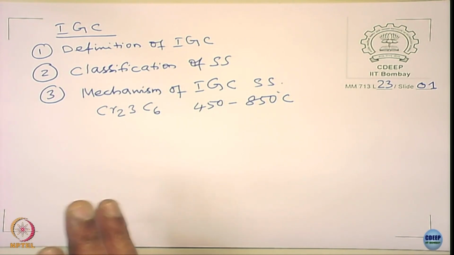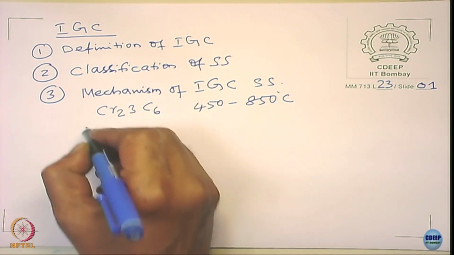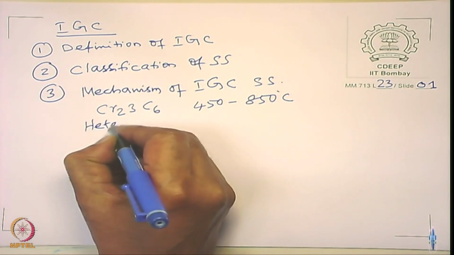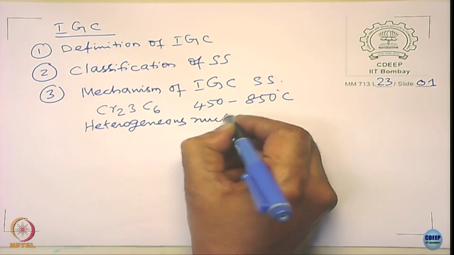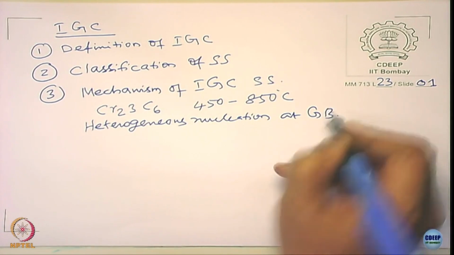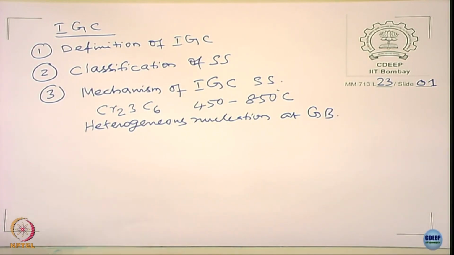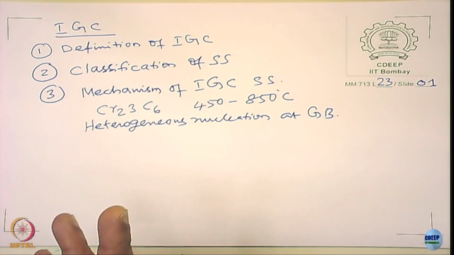The chromium carbide formation is heterogeneous nucleation, it forms at the grain boundaries. So the depletion of chromium is centered around the grain boundary area, and the stainless steel at that area loses the capacity to repassivate, to passivate. So, there is a selective attack taking place.